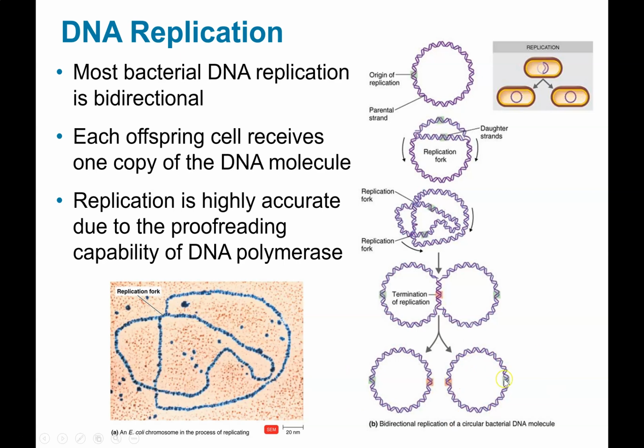And that shows that semi-conservative nature. One strand is conserved, one strand is newly synthesized. There are proofreading mechanisms built into DNA polymerase, so this process is highly accurate. It's not that common to get mutations, to get mistakes during DNA replication, because when they do happen, they can get repaired.